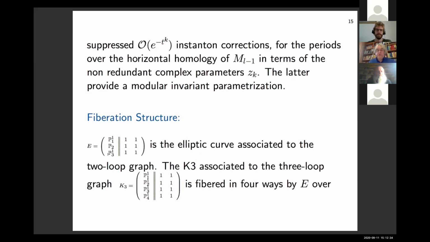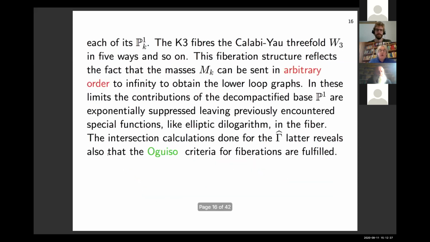And if you go on, then you see that the Calabi-Yau threefold is now fibered in 5 ways over the P1s. So the Calabi-Yau threefold has 5 K3 fibration structures. Each of these K3s has 4 elliptic fibration structures and so on.